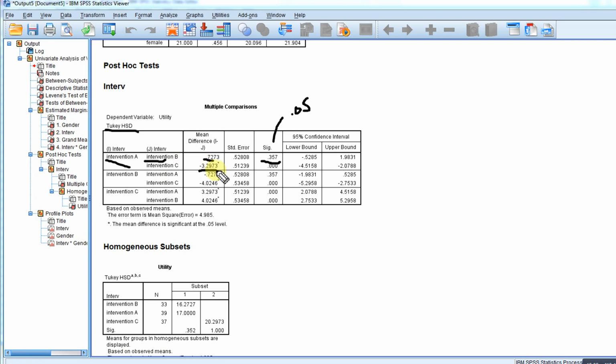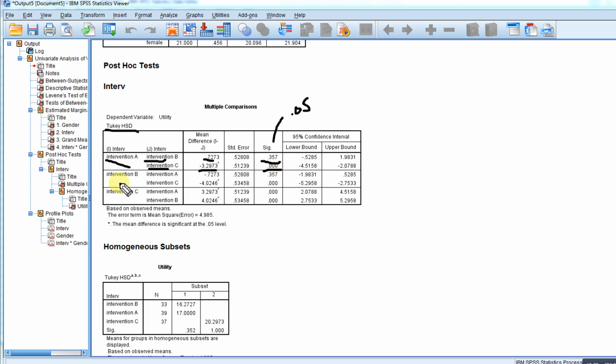Obviously, if you take the mean for A, subtract the mean for intervention C, and you end up with a negative value, then that means that those folks in intervention C would have had to have scored higher than those in intervention A. In fact, they scored about 3.297 points higher on average than those folks in intervention A. The difference between groups was statistically significant.